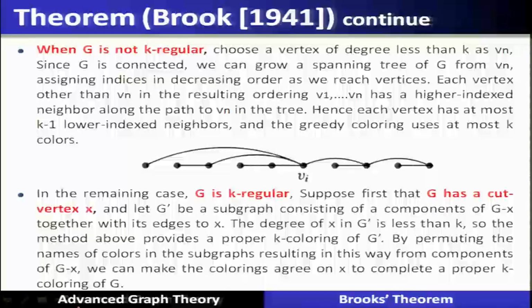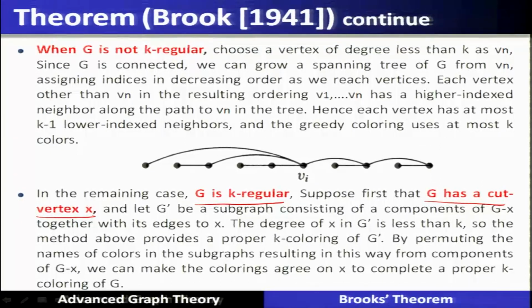In the remaining case, let G be k-regular. Suppose first that G has a cut vertex x, and let G prime be the subgraph consisting of the components of G without x. Together with the edges to x, the degree of x in G prime is less than k.